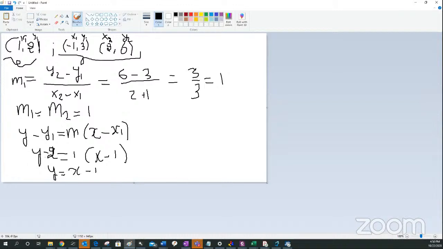So you have x minus 1 and then you have plus 2. That's how you get y equal to x plus 1. So this is your final equation for the parallel line. That concludes the equations with the parallel line.